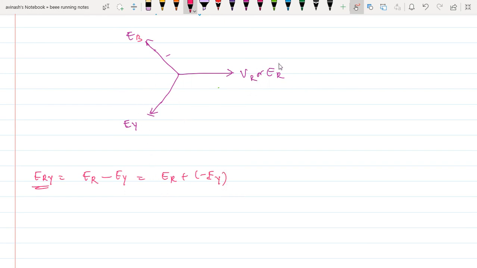We already have the ER value. We don't have minus EY, but we have plus EY. So to get minus EY, just elongate the line in a mirror image. This will be nothing but minus EY.